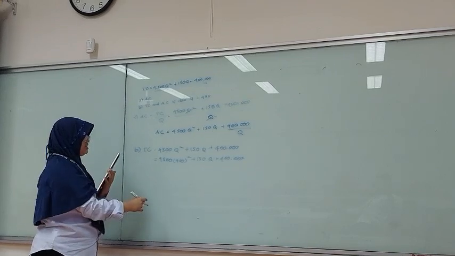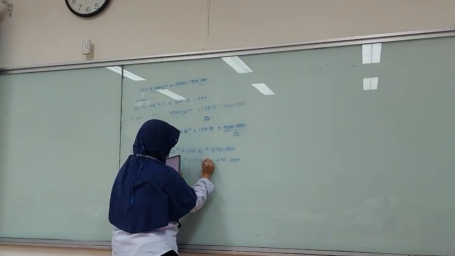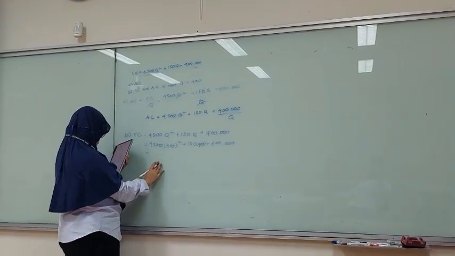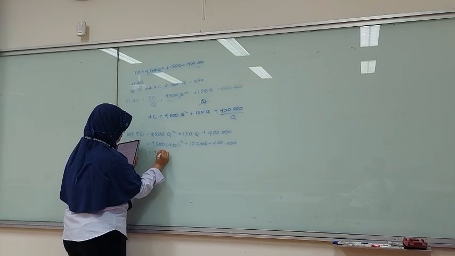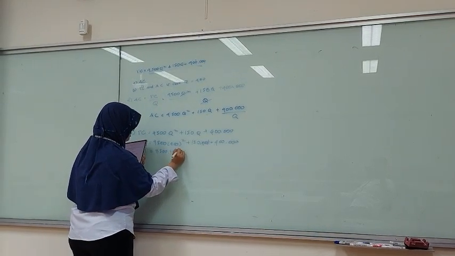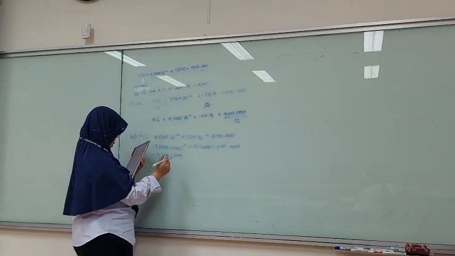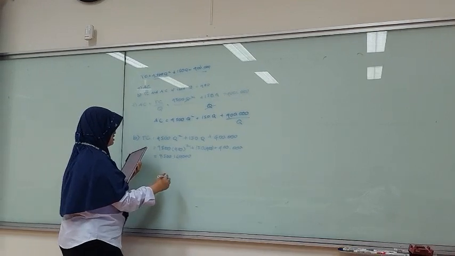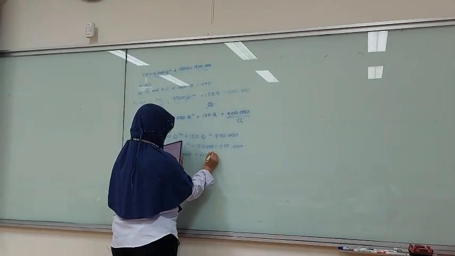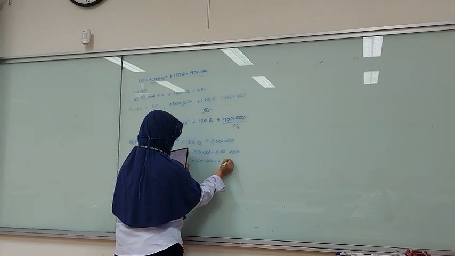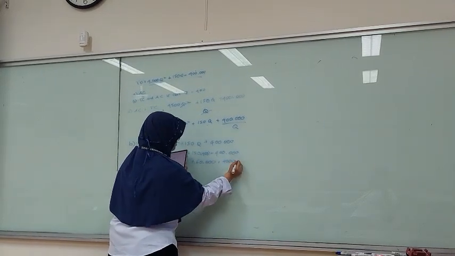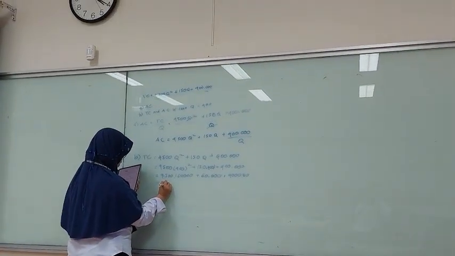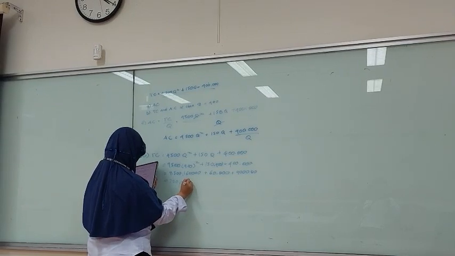So this is 600,000, and this is 40,000, and the total is 4090.